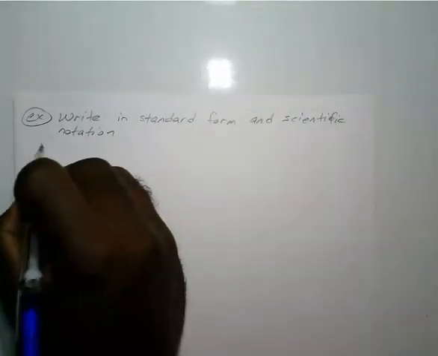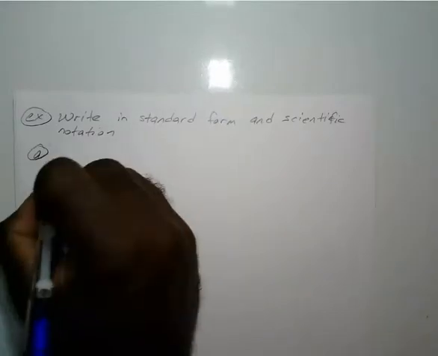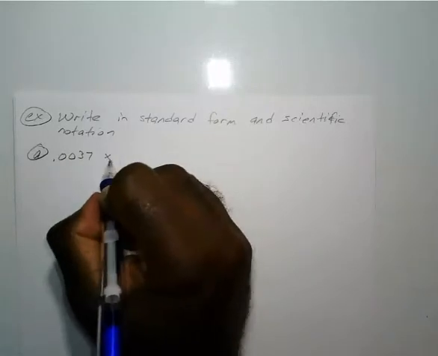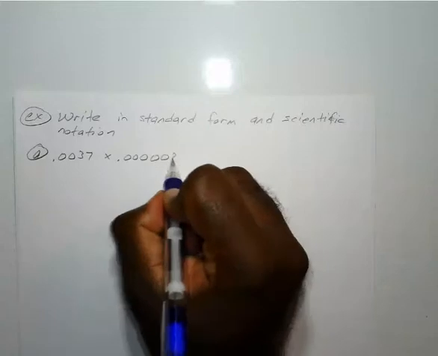Say for problem A, we have 0.0037 times 0.000024.